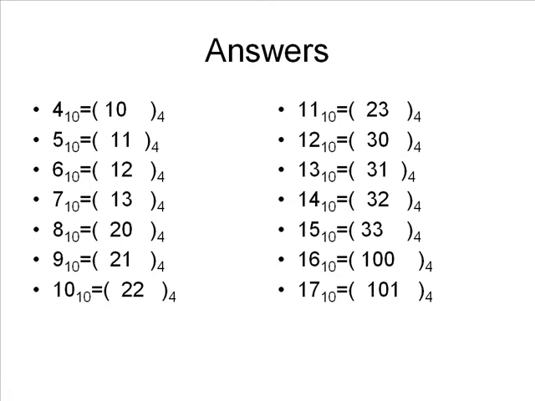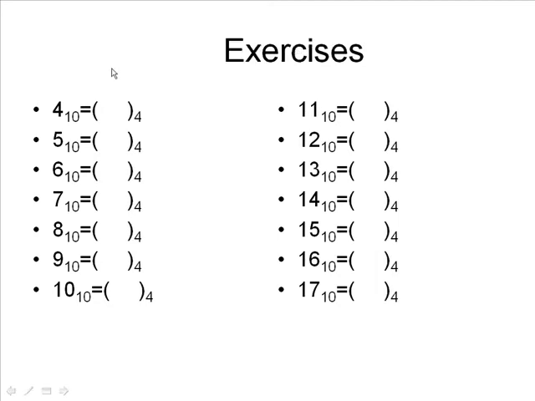But notice these numbers are relatively small numbers, so we may have another way to do the problems. It's not necessary to use the process we had before. Just think about the meaning of base 4 numbers.